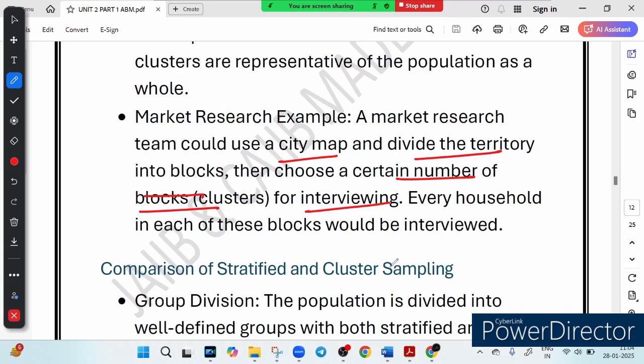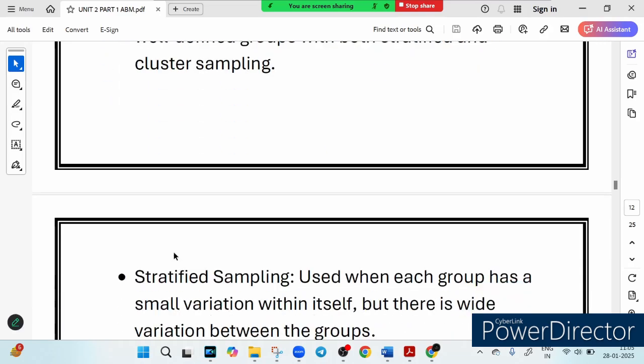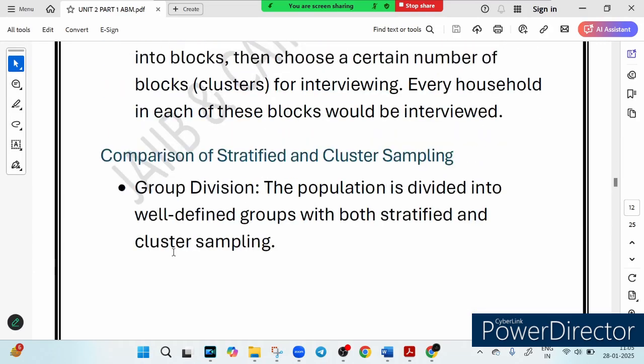Here is a big advantage: cluster sampling gives you more precision at a lower cost compared to simple random sampling.